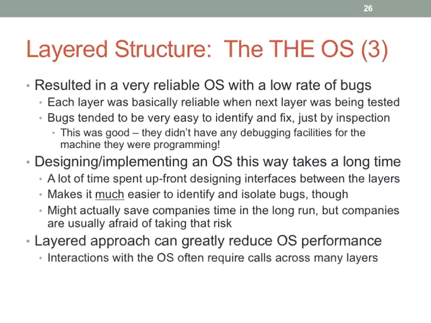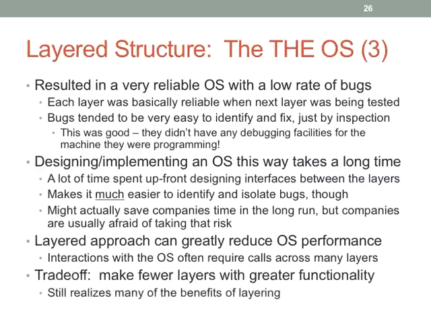One issue, though, is that with layered approaches, you have things implemented as APIs and calls between APIs, even if it's all within the kernel, so you're not trapping into the kernel or anything like that. You still have calls that you're making. Well, that takes up time. Okay? And so you may have multiple call sequences that you have to go through to perform simple operations, and so that would slow down the operating system performance.